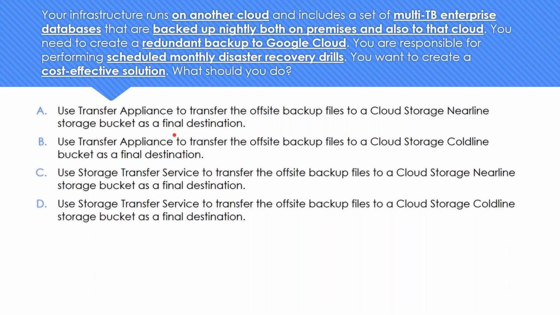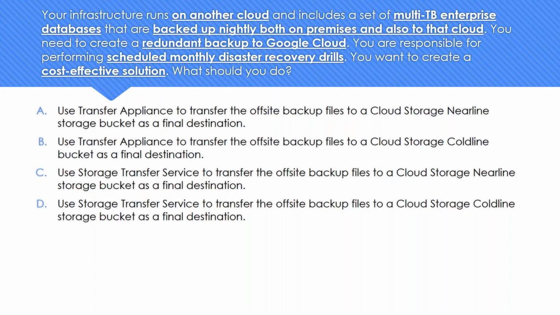Whenever you look into this kind of a question, this is from another cloud to GCP, right? So if it's from another cloud to GCP, transfer appliance will not even work, folks. We have seen it yesterday itself. We cannot use transfer appliance from another cloud to GCP. They will not even allow the truck to enter other clouds' data center.